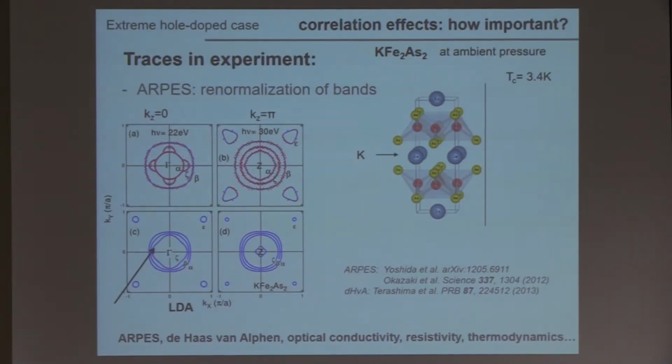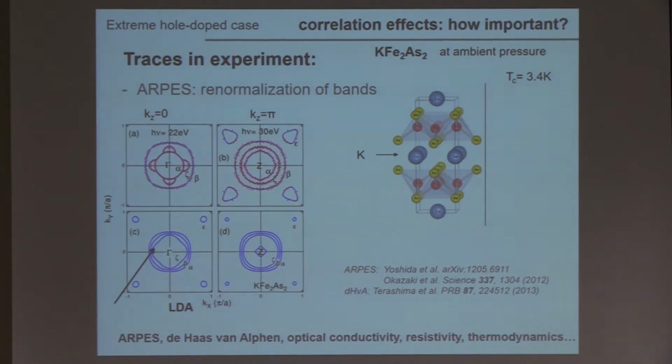We saw this morning where we see in experiment these effects of renormalization of bands and incoherent parts at higher energies, for instance in ARPES. So here I'm showing this extreme hole-doped case of the 122 materials. This is the structure of the material, and I'm having potassium instead of calcium.